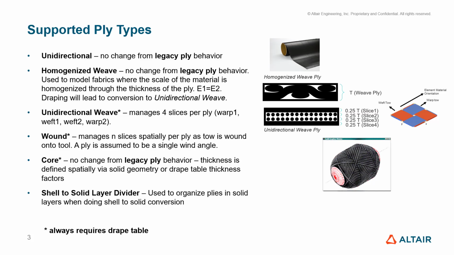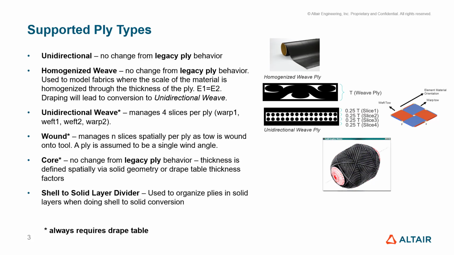That also means that the definition of the ply itself might be just, again, by a nominal orientation, but when you wrap the ply around, the orientations vary spatially as the tow is wound onto the tool, and hence you need to cover that, and also the potential covering of the ply over itself once it's wrapped in a drape table, and that's done nicely in our software as well.